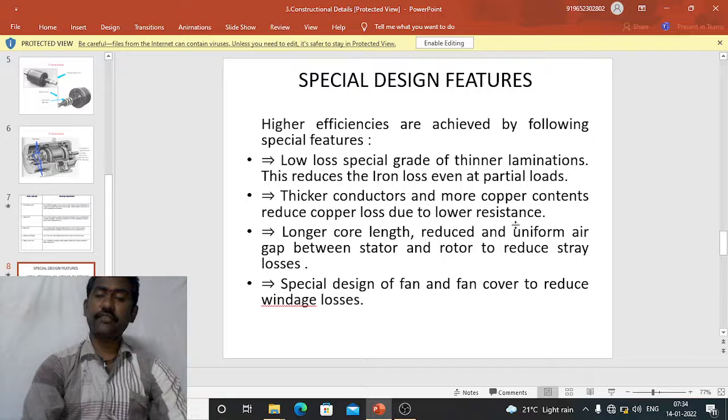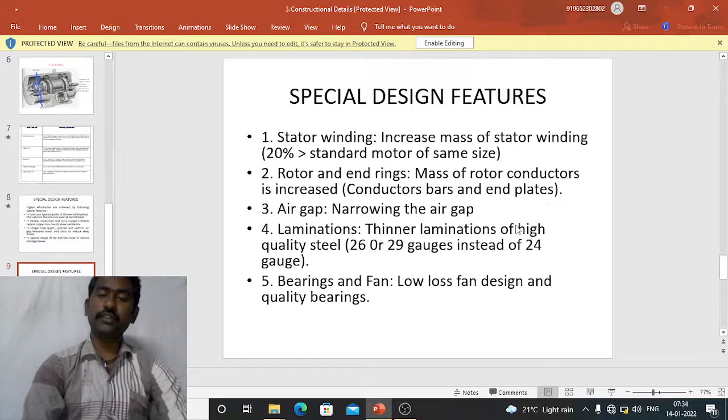And special design of fan and fan cover reduces the windage losses. So first one is the stator winding: increased mass of stator winding and rotor end rings. Mass of the rotor conductors is increased and the air gap is narrowed. Laminations are thinner, of higher quality steel. And bearings and fans: low loss fan design and quality bearings.